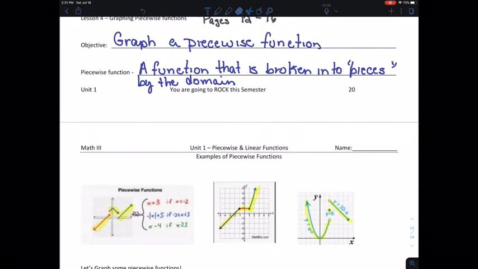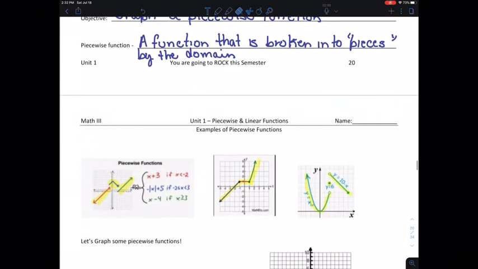Another example is that you may rent a car, and for the first few miles, you're charged one rate, miles per hour, and then after a certain number of days, you may be charged a different rate for miles per hour. So those are some of the places where you might see a piecewise function.